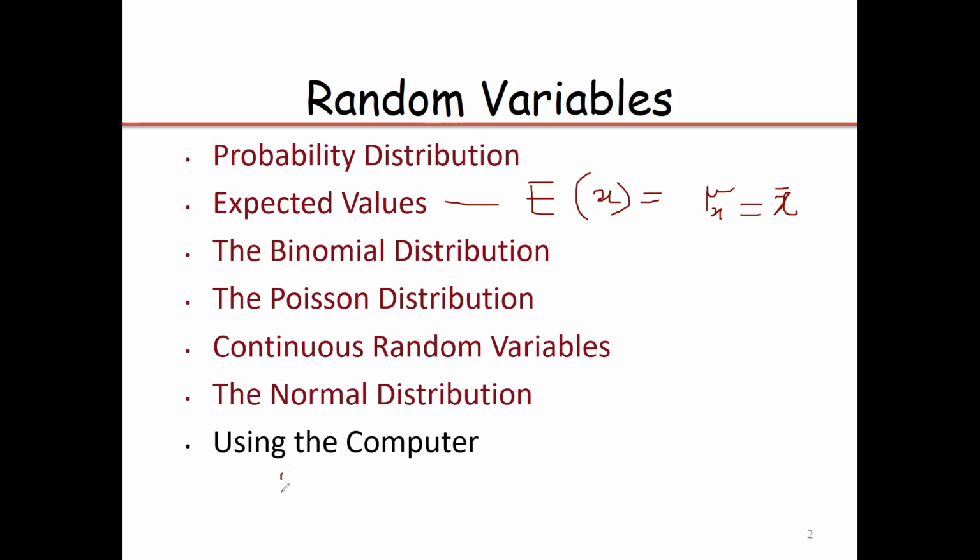One of them is known as T distribution, the chi-square distribution, and F distribution. These are the three more continuous distributions which we have to discuss in detail.